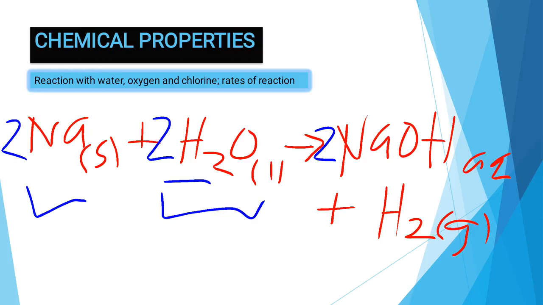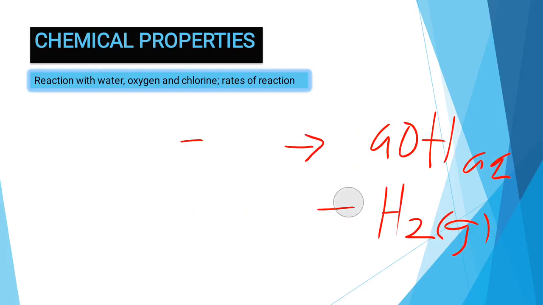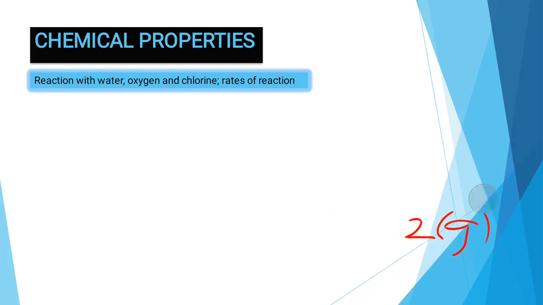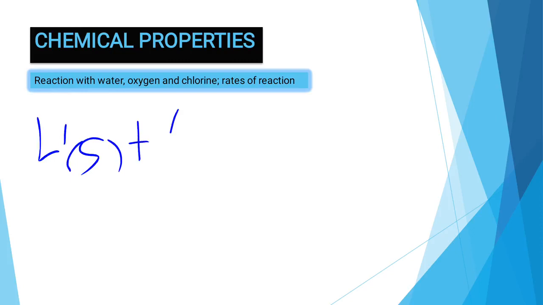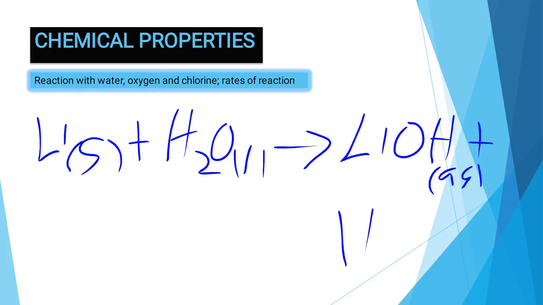So if we are told to write the equation for lithium with water, we have lithium, which is a solid, reacting with water, which is a liquid, to give us lithium hydroxide, which is aqueous, plus hydrogen gas.